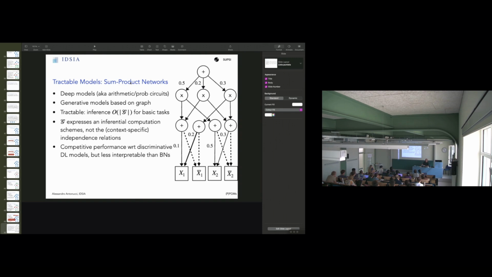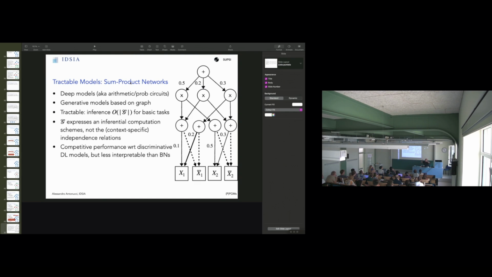The story of this kind of models, this is my version of the story, is that at some point deep learning was clearly beating Bayesian networks and other approaches. The performance of neural networks in terms of accuracy was much better than that of Bayesian networks.